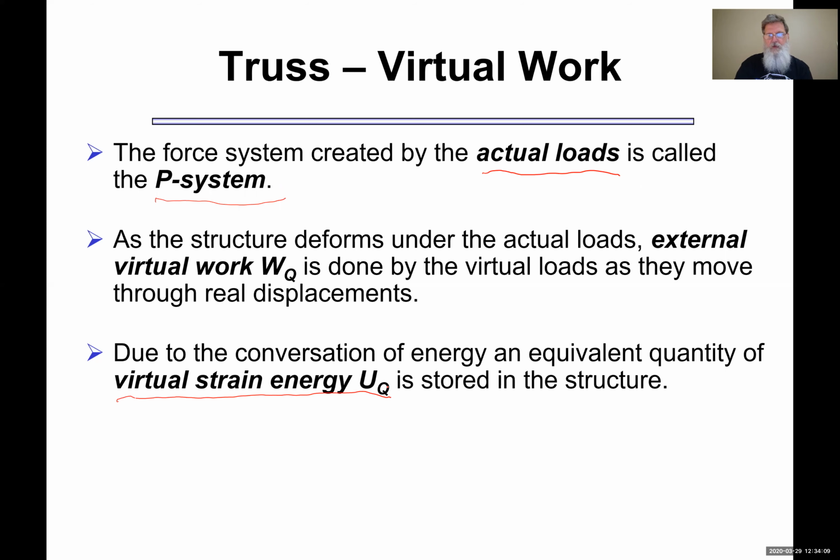There's no loss of that. So again, you can see work, external work, W, internal strain, U. The subscript indicates, in this case, Q, that'll be the work and strain energy of the virtual system. And those will have to be equal. And that's the conservation of energy.